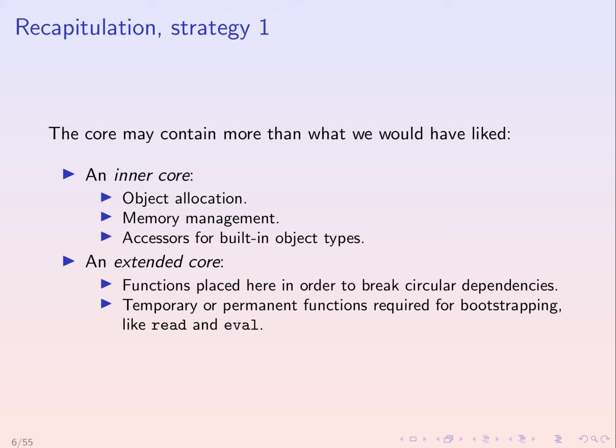And the extended core contains functions that have to be placed here in order to break these circular dependencies that we discussed in part 1. It also contains temporary or permanent functions required for bootstrapping. In particular, read and eval are necessary so that we can load additional Common Lisp code into the system.